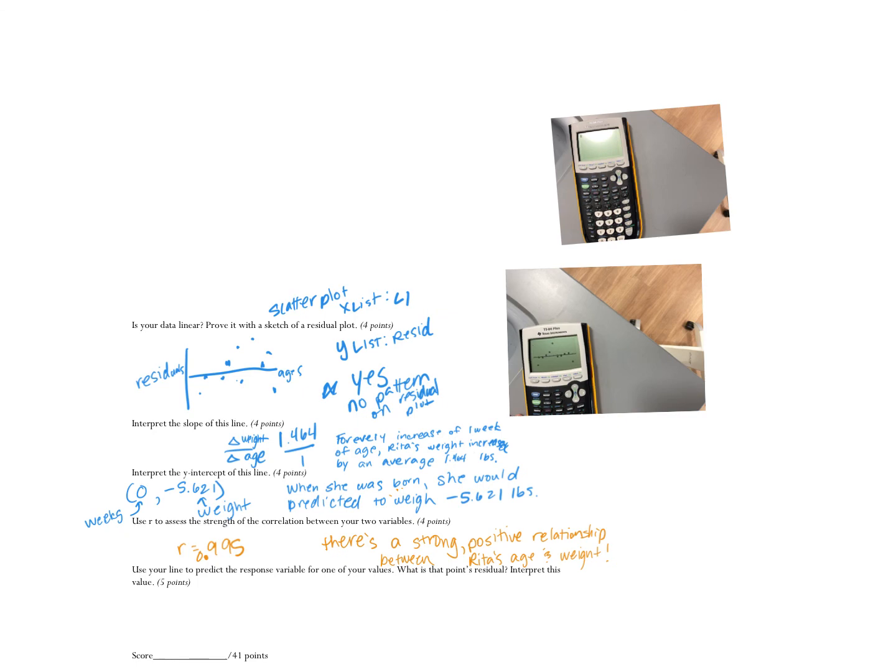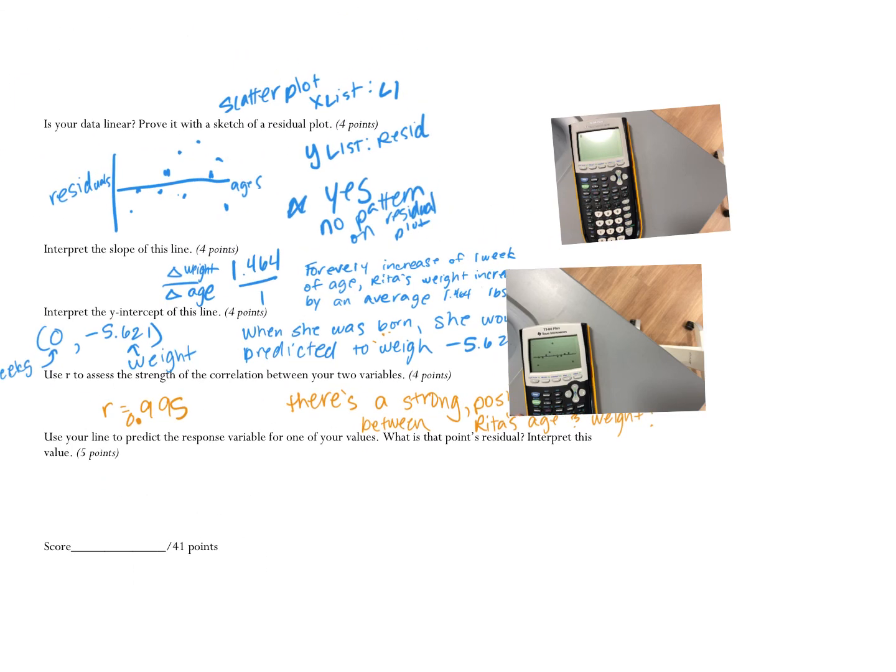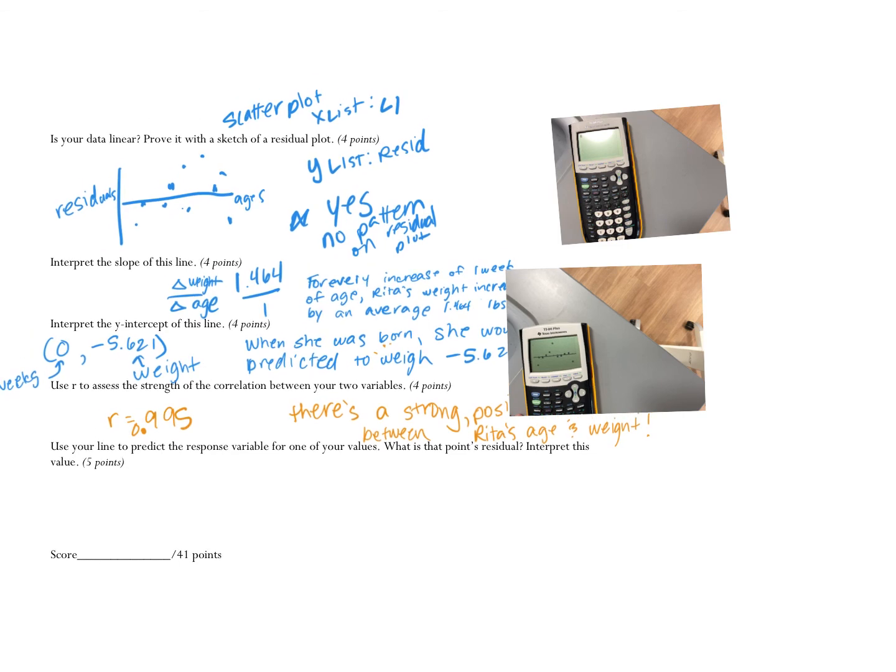Okay, so for this last one, what you're going to do is make a singular prediction, and you're going to do it for 14.1 weeks. Rita's weight was 15 pounds.